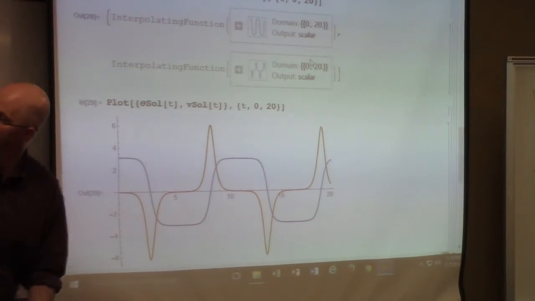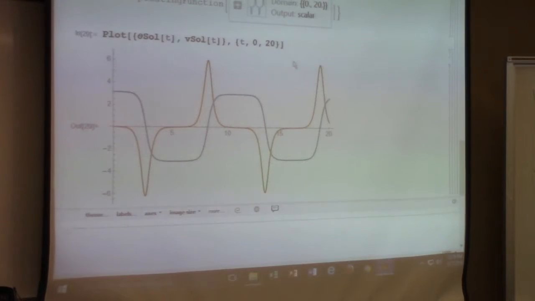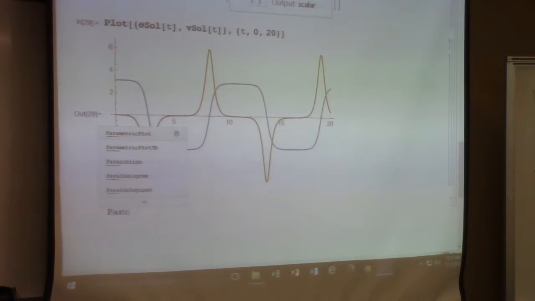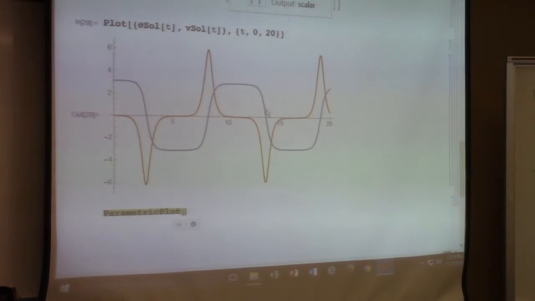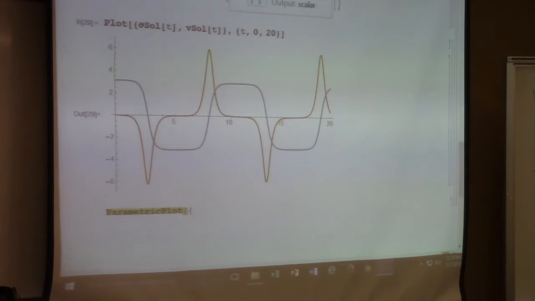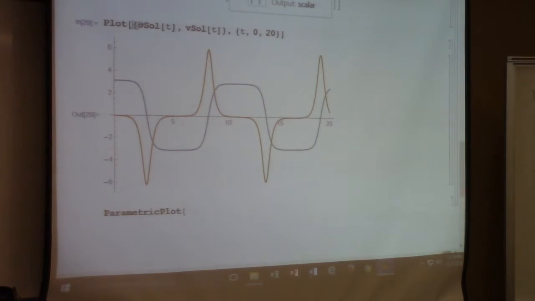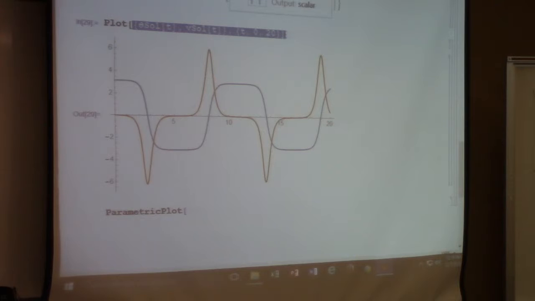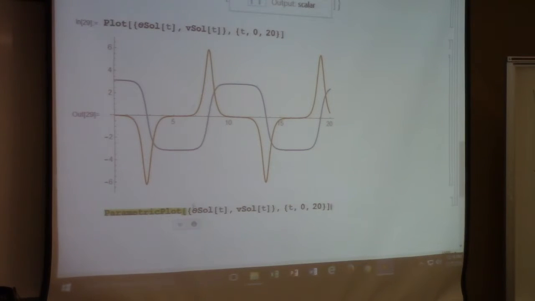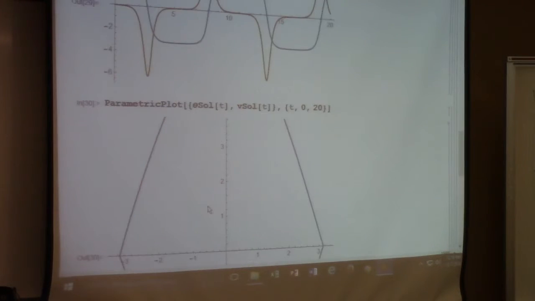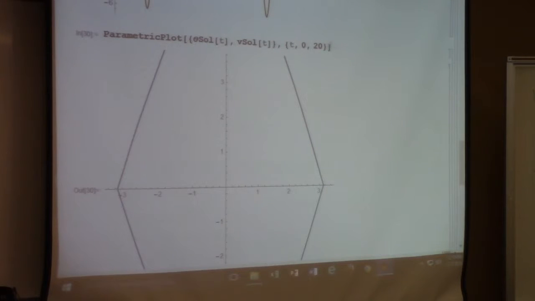Hang with me here, a couple more important things to say. I can do a parametric plot of this in a phase plane. I'm not going to bother drawing the vector field. However, I'm going to draw something else. It doesn't look like an oval. It's somewhat ovular, would that be a word?